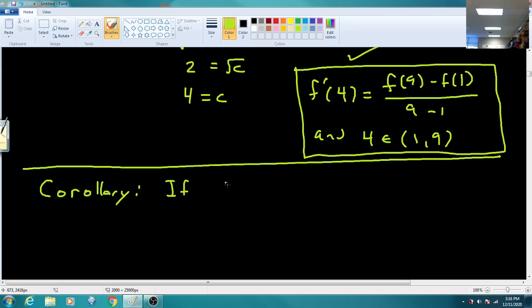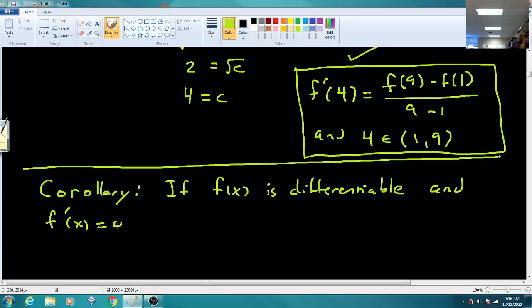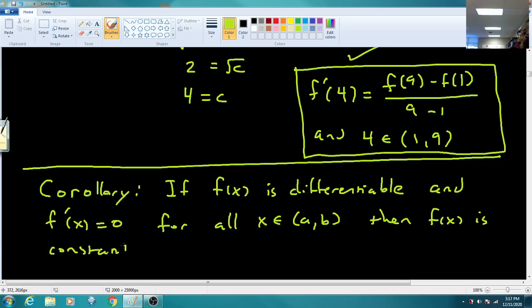We're going to say if f of x is differentiable, so if the function itself is differentiable and your first derivative equals 0 for all x from a to b, then f of x is constant on a to b.